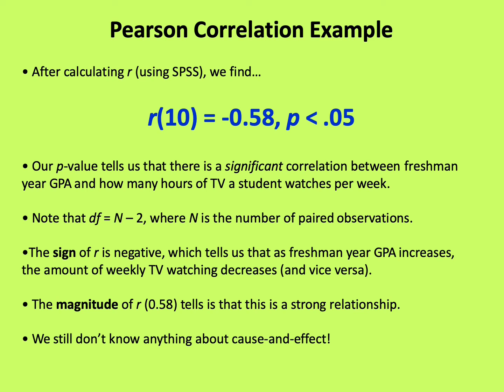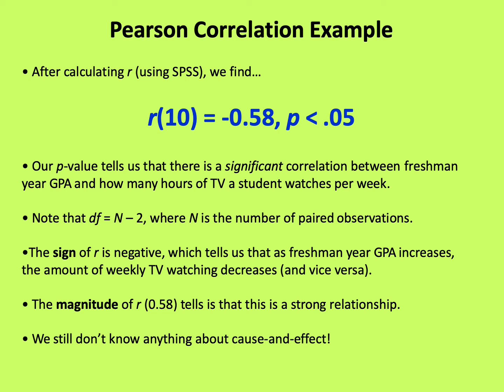So right away, on the basis of that p-value, we can conclude that because it's less than 0.05, there is a significant negative correlation between freshman GPA and how many hours of TV a student watches per week.